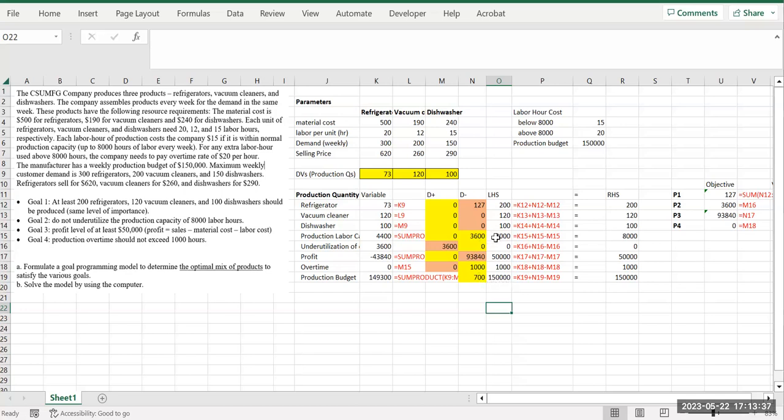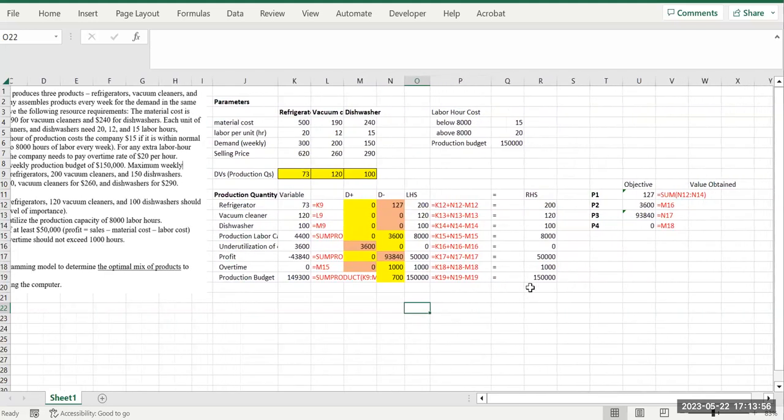We're not even getting close to the amount of production capacity that is available, right? The reason is the other very hard constraint of production budget. So that's fine. 127 is going to be the value obtained for P1.